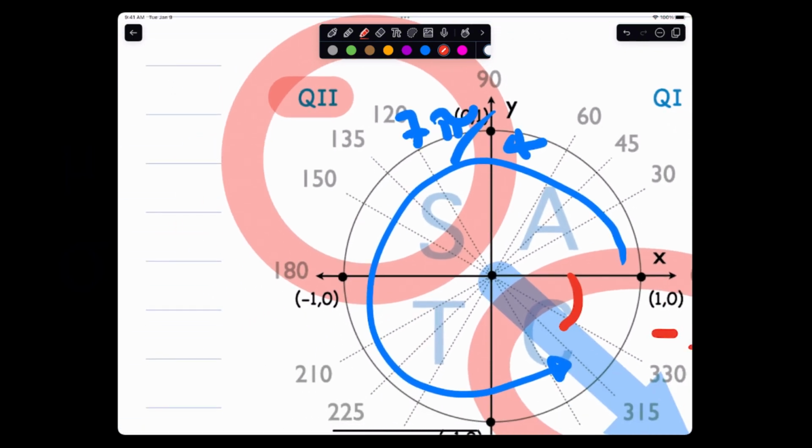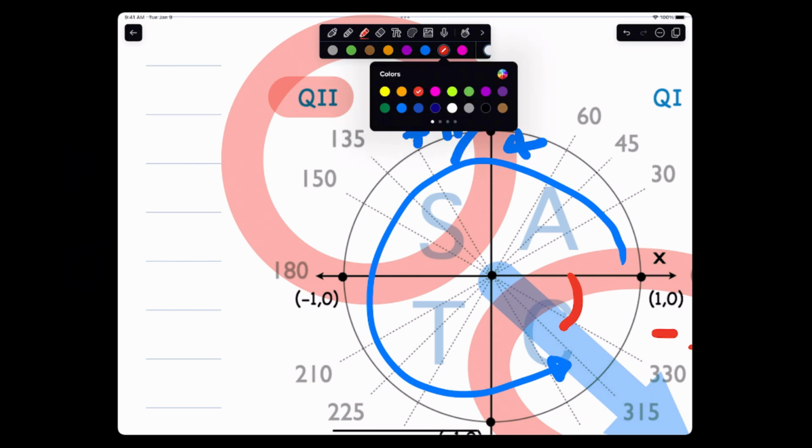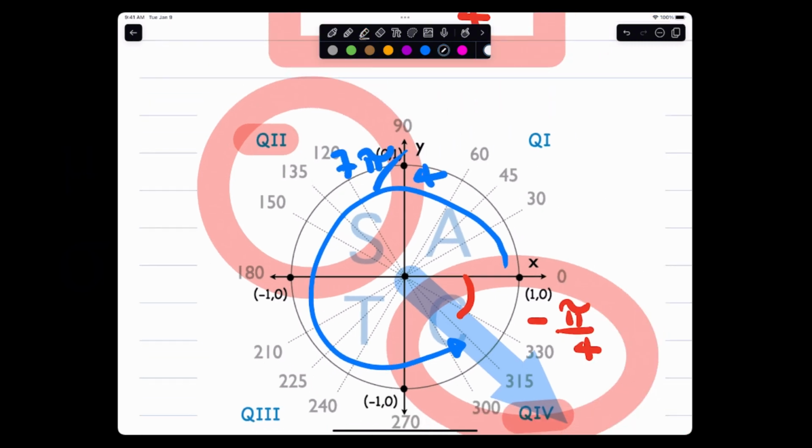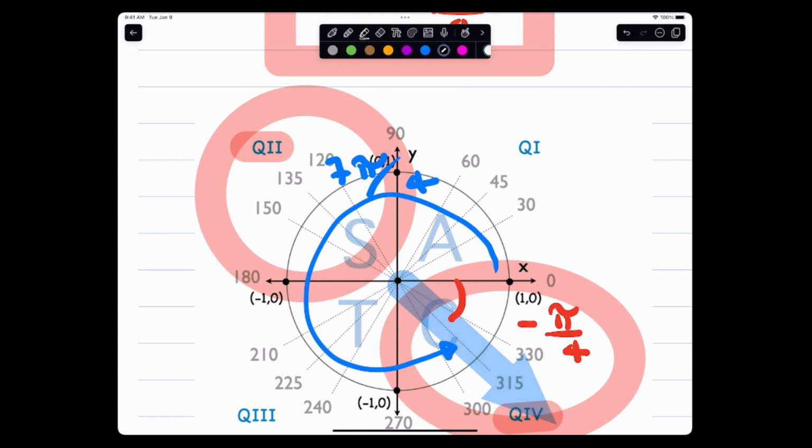Do you guys remember that? How do you get any angle in quadrant 2? Remember I gave this to you? What do we know? A quadrant 2 angle, I can tell you where it's at. It's going to be right here. Okay? Now you say, well, how do I get that? Really simple. Any quadrant 2 angle is going to be pi minus the what? Reference angle.